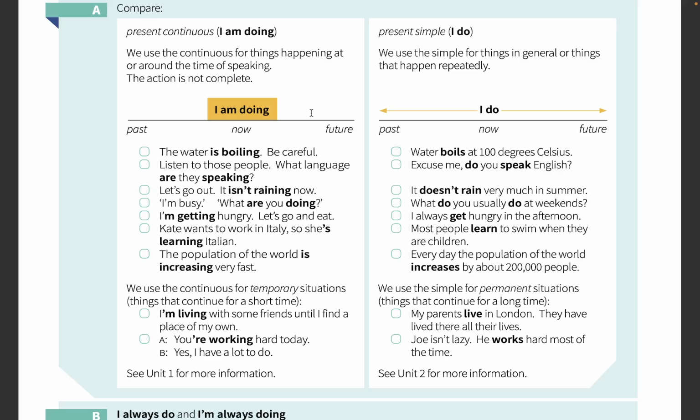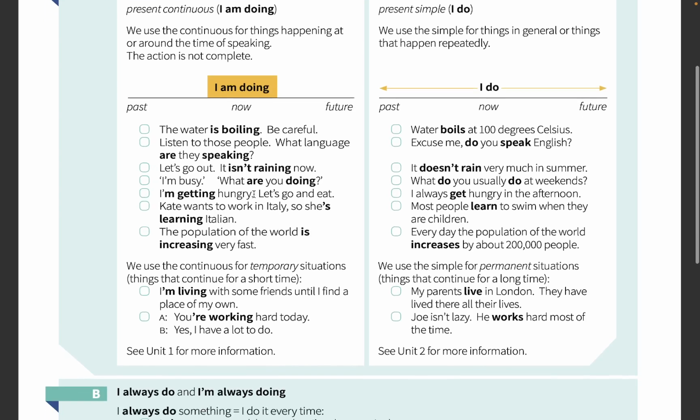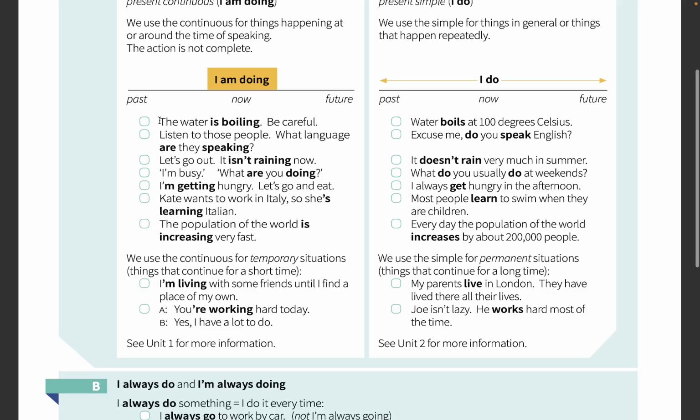As you can see, there's a timeline of past, now, and the future. So for example, I am doing is happening now at the time of speaking. For example, the water is boiling. So it's not the past, it's not in the future, but it is happening now. So it's boiling right now.